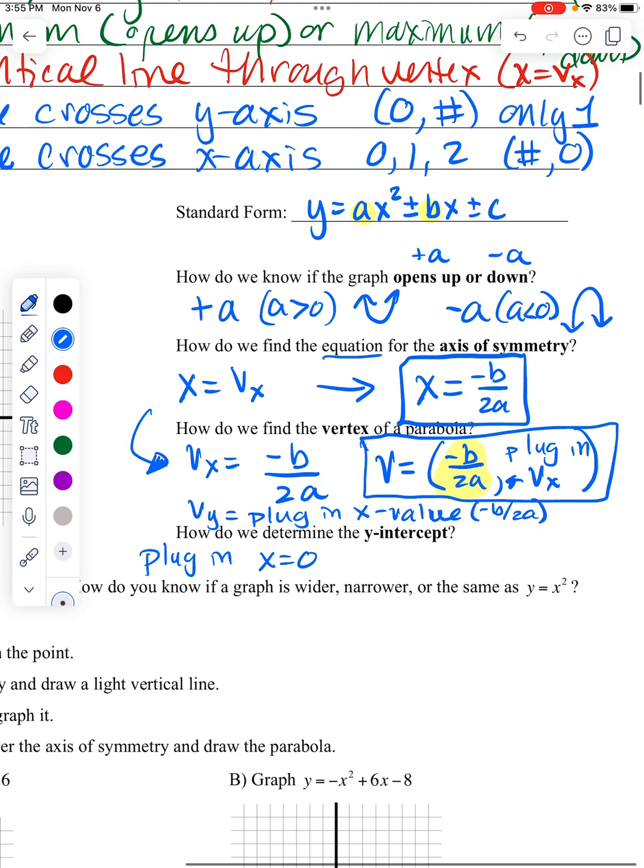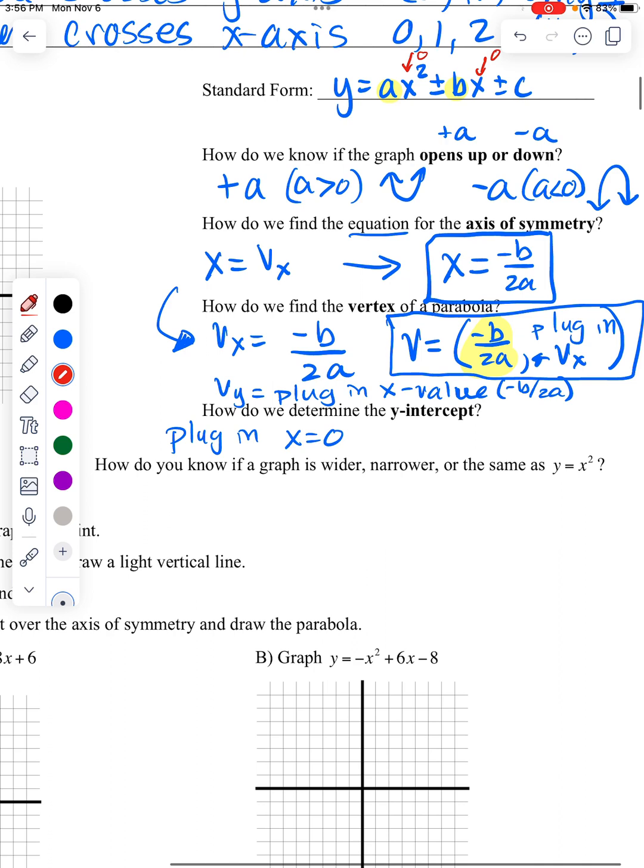If you go to this equation up here and put a 0 in for this x and this x, all you're going to have left is c, because a times 0 squared is 0 plus b times 0 is 0. So in this particular form, your y-intercept is going to be 0, and then whatever that c value is at the end, because everything else disappears when you plug in x equals 0.